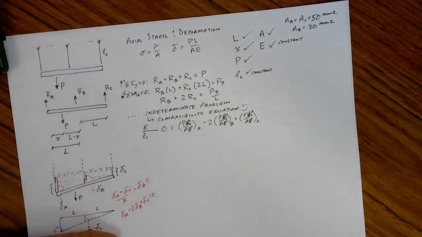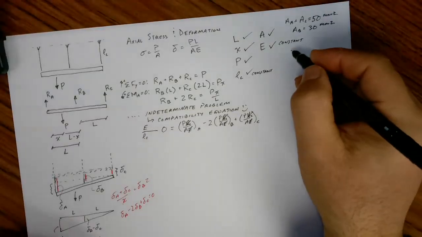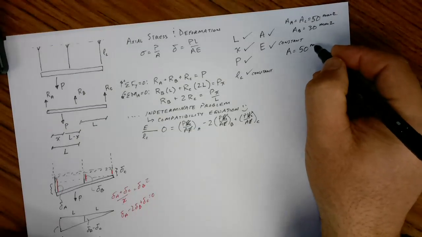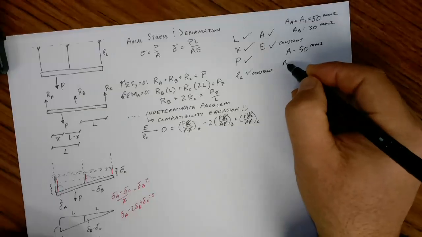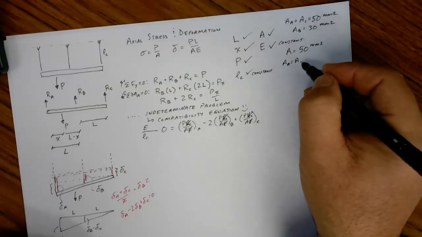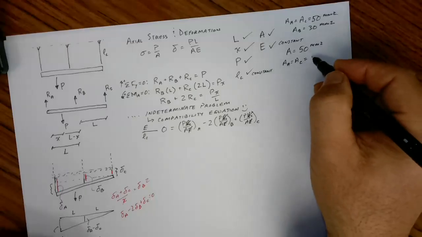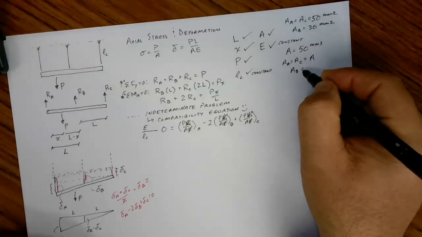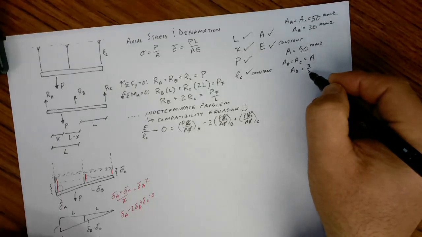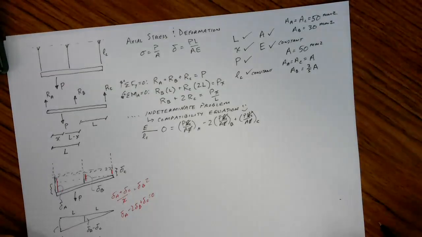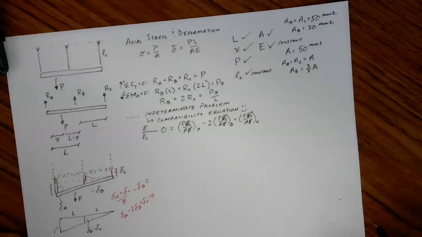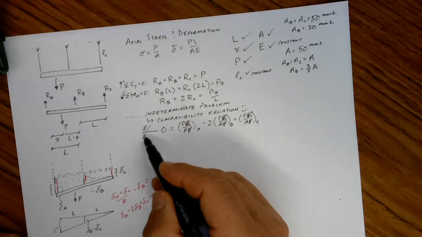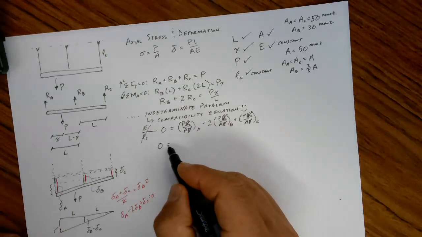So I'm going to call the area of A equal to 50 millimeters squared, and the area of B is equal to 3/5 of A, 30 over 50. And so those I have to factor in. This results in 0. So I still have 0.